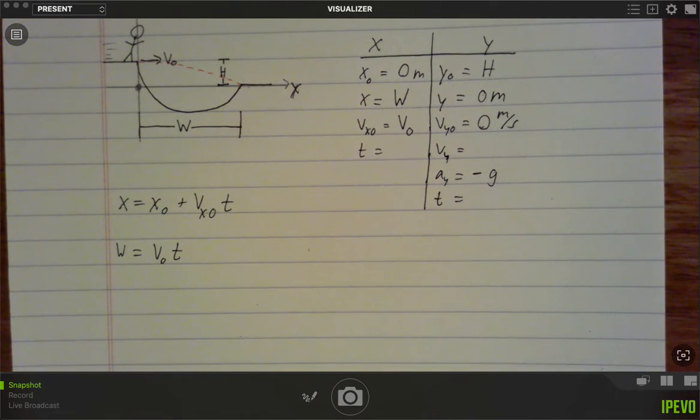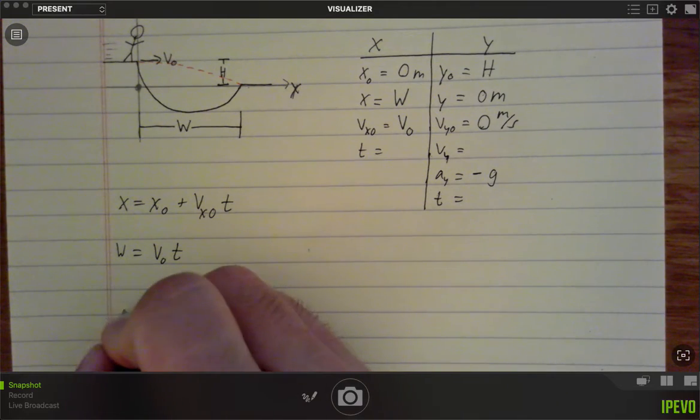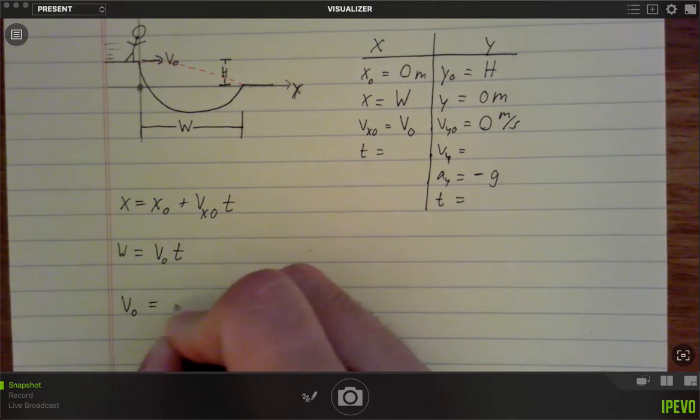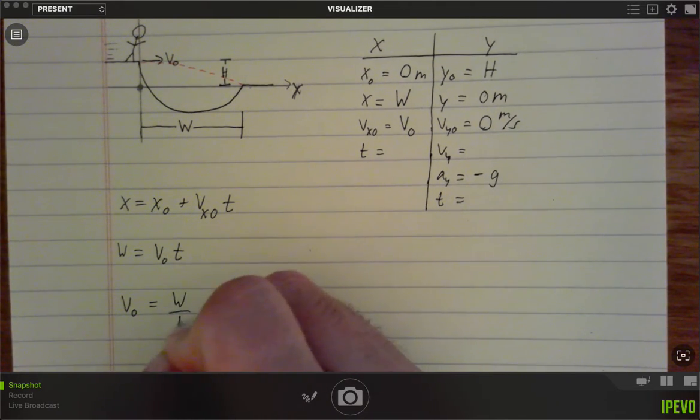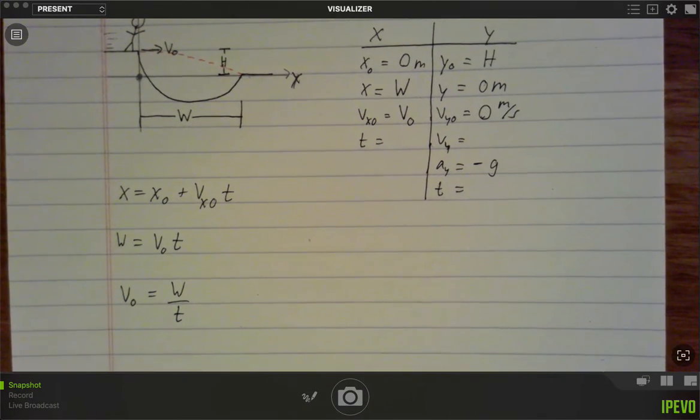I'm going to rearrange that. If I divide both sides by time, I get V naught equals W divided by time. I'm going to save this because this is an expression for V naught. It's in terms of W. It is not yet in terms of H and little g. So I'm going to have to substitute something in for t.